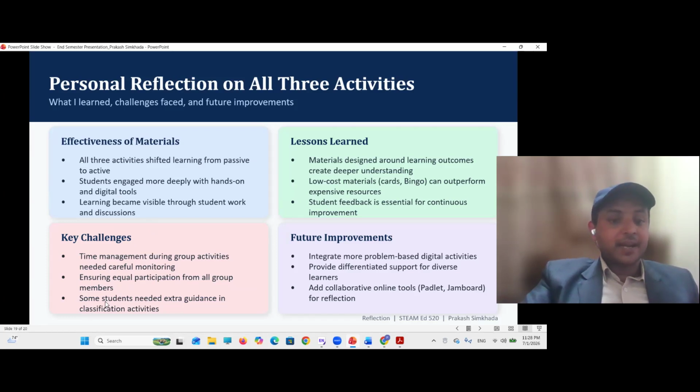Some students needed extra guidance in the clarification activities. For future improvement, I will integrate more problem-based digital activities, provide differentiated support for diverse learners, and add collaborative online tools.